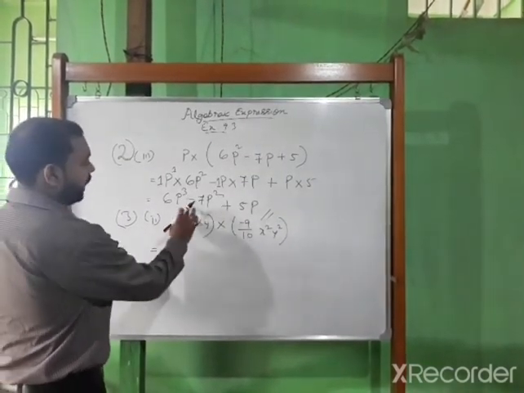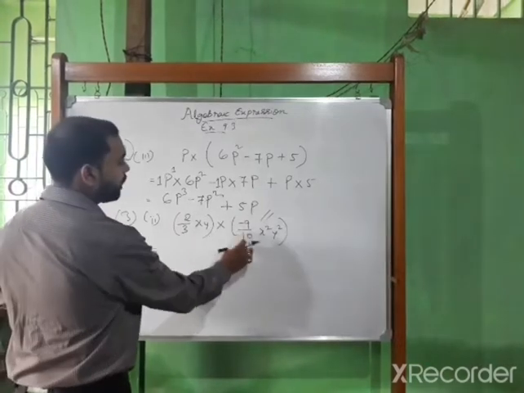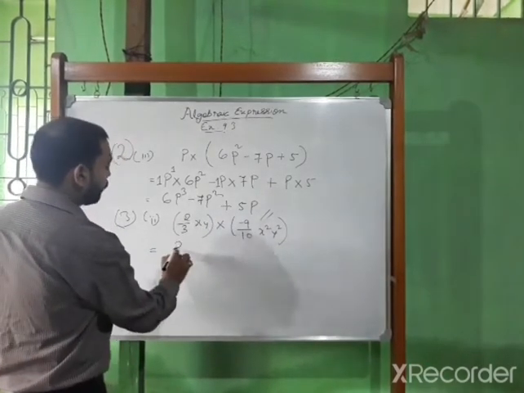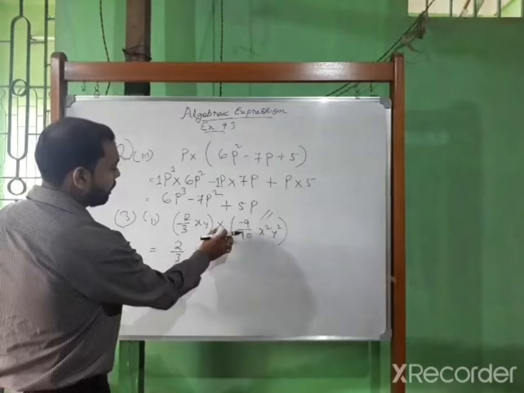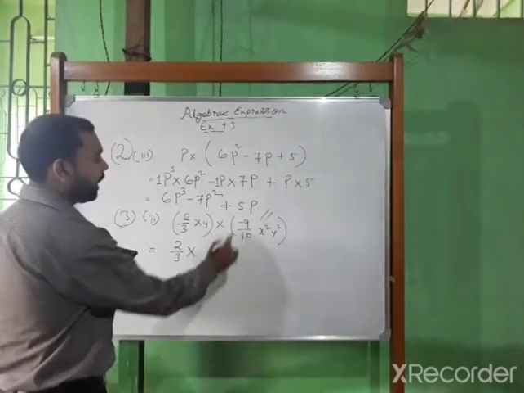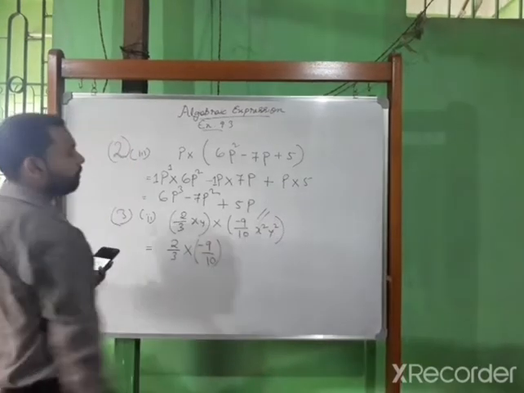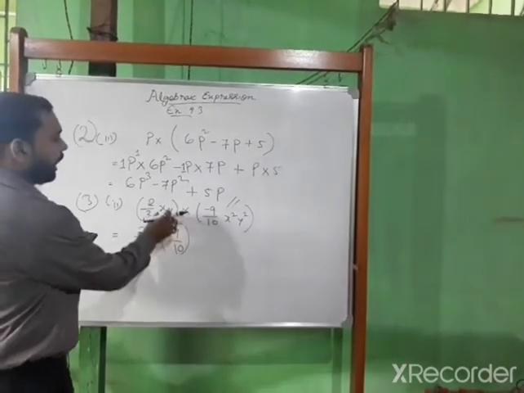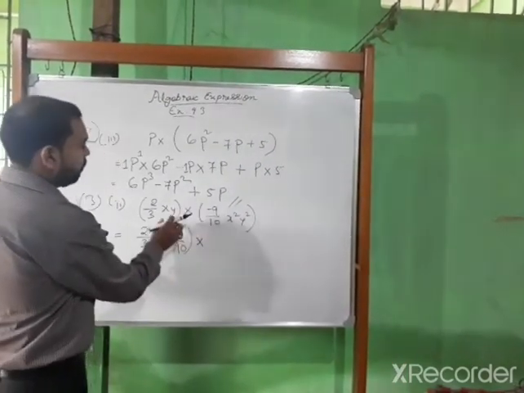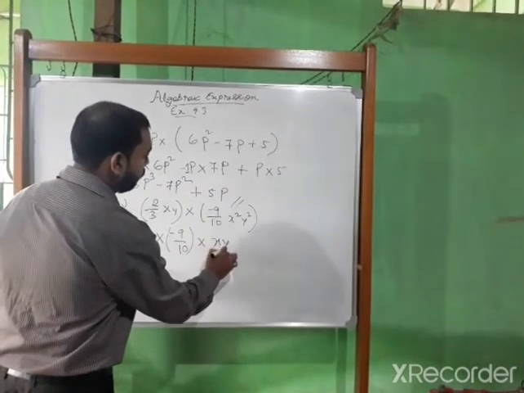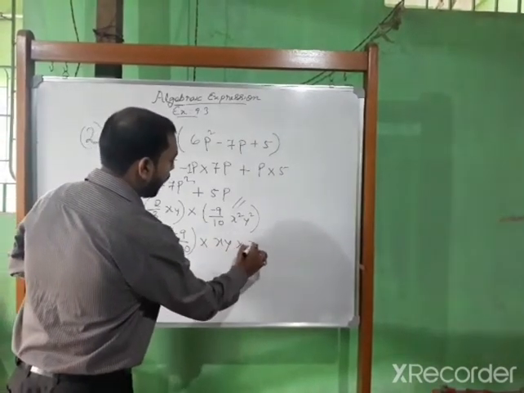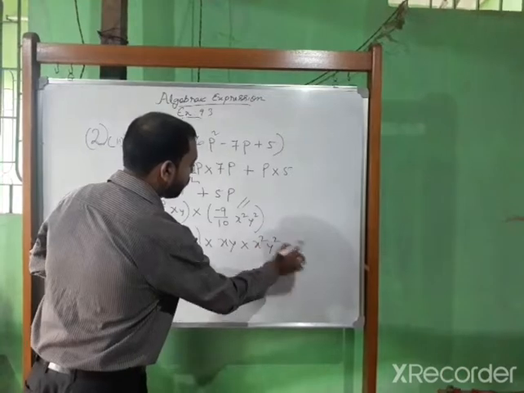Let us write the coefficients together. So 2 by 3, because the sign is multiplication, multiply minus 9 by 10. We can give one bracket here. Then write the variable xy multiplied with x square y square.